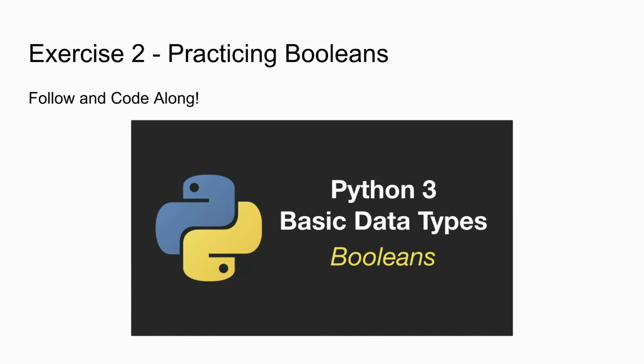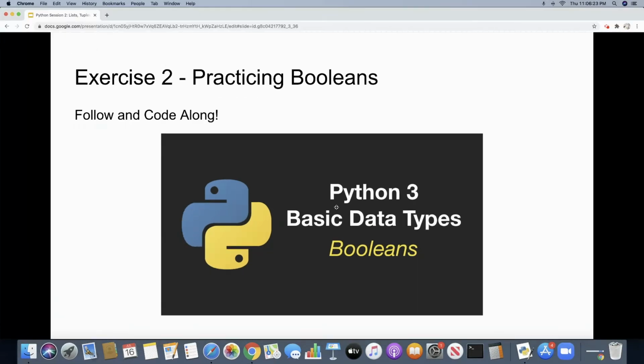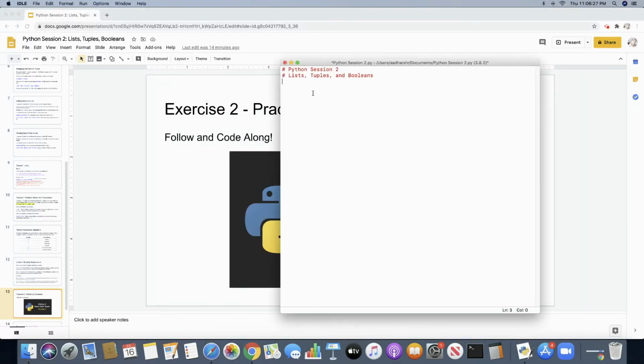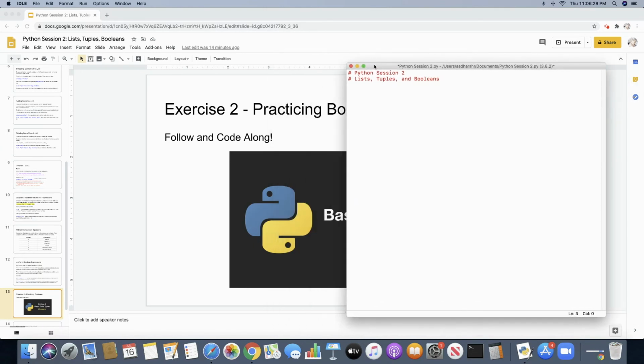Exercise 2. Practicing Booleans. Now just follow along and code with me. So let's open up the same file we were using earlier. And let's just have some examples of Booleans. You can say print 5 is greater than 4.